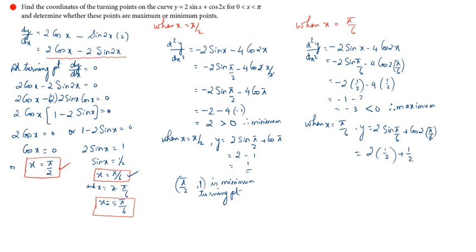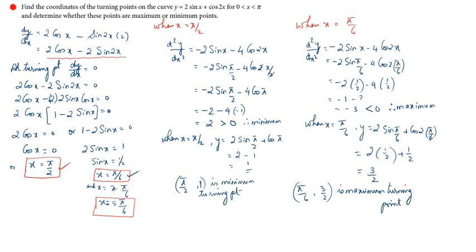So this is equal to 1 plus half, which is 3 by 2. Therefore pi by 6, 3 by 2 is the maximum turning point.